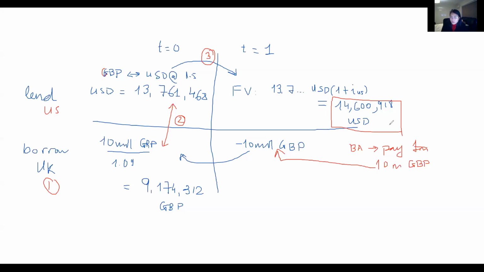Okay. So through these transactions, you can see that we do not have any exposure to foreign exchange rate risk in the future. Okay, the only time when we have to deal with currency conversion is at the current time when we convert the pounds into the USD. Okay, so besides that, we have no exposure to foreign exchange rate. Okay.